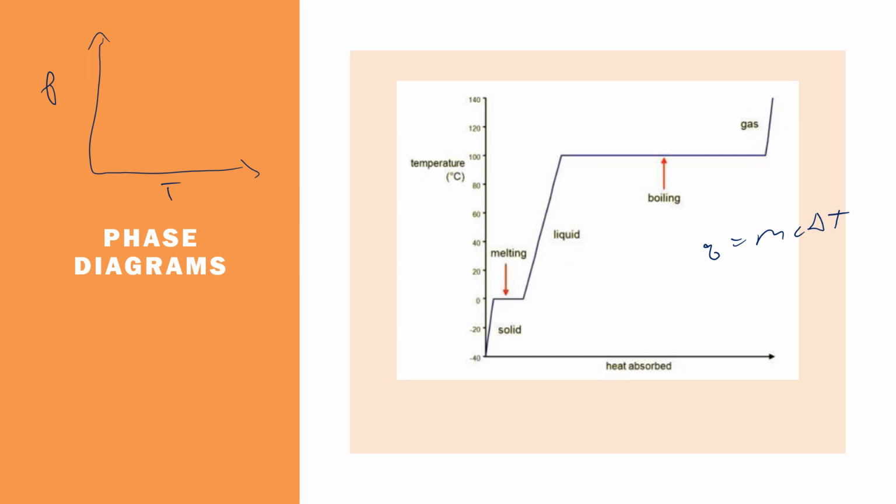But for the sections where the temperature is not changing, I can't use this, because then my delta T would be 0 and I'd calculate a 0 Q, but we know that's not true because heat is being absorbed. It's just not being used to change the temperature. So we're going to use a different equation for those sections.